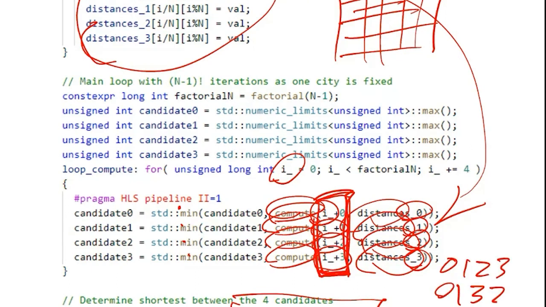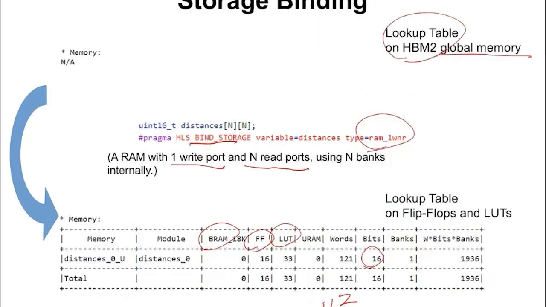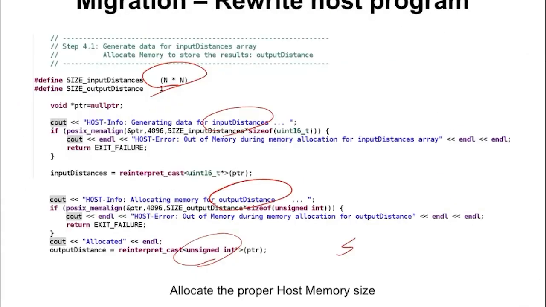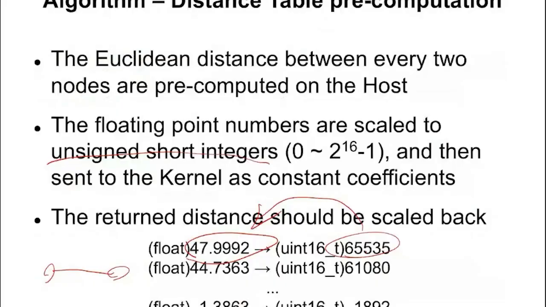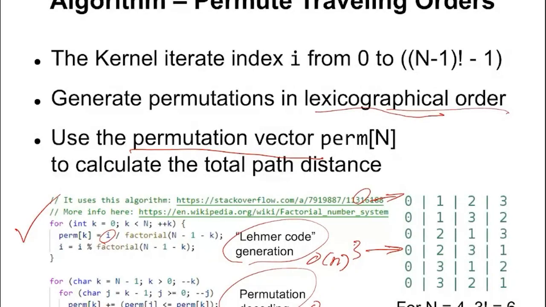So it's the whole distance table, but only part of the permutation. Yes, part of the permutation.